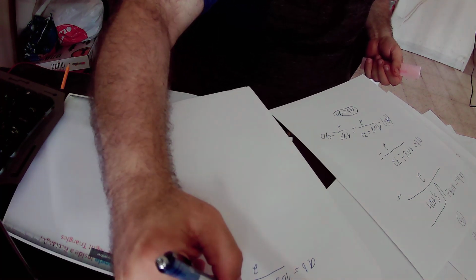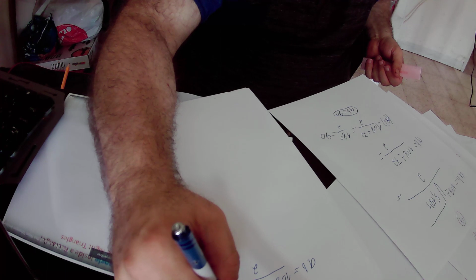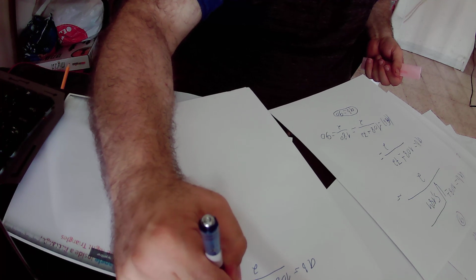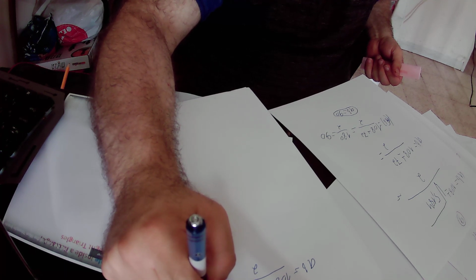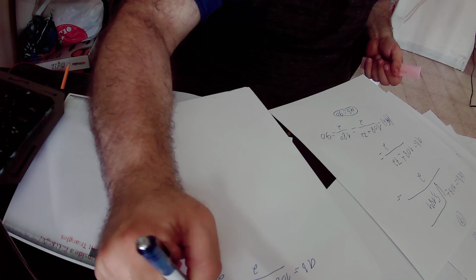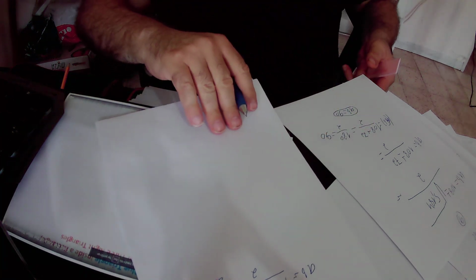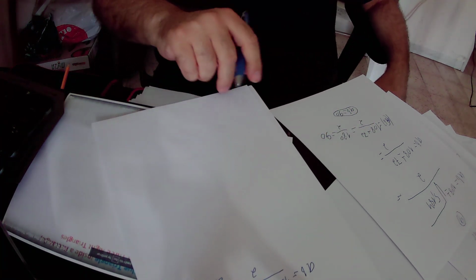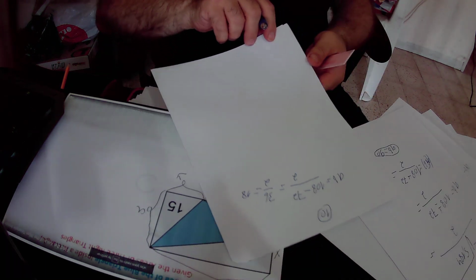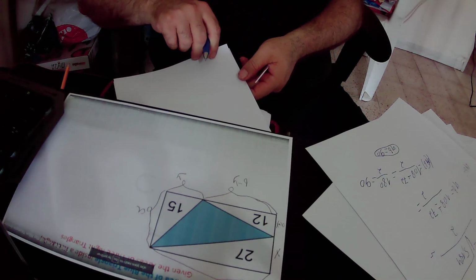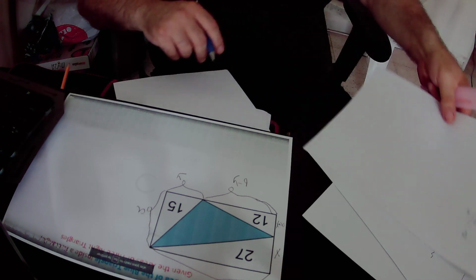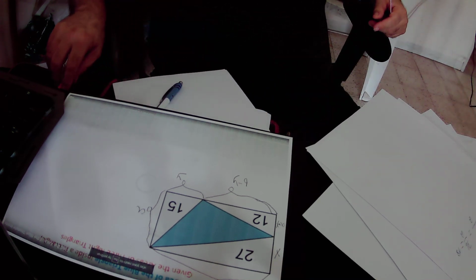So 108 minus 72 equals 36, and 36 divided by 2 is 18. So the second solution for AB of the quadratic equation is 18.